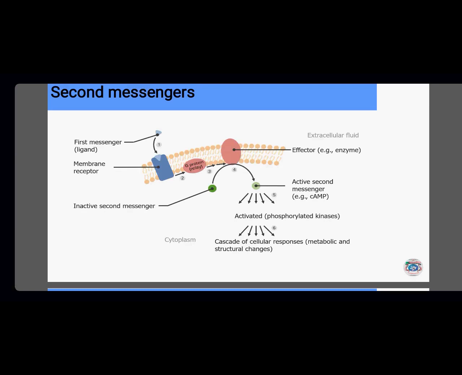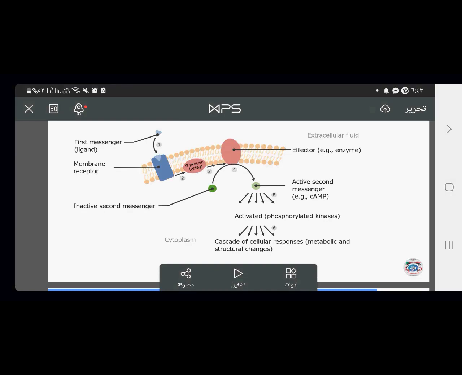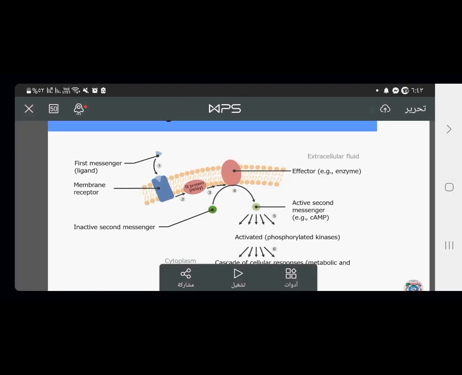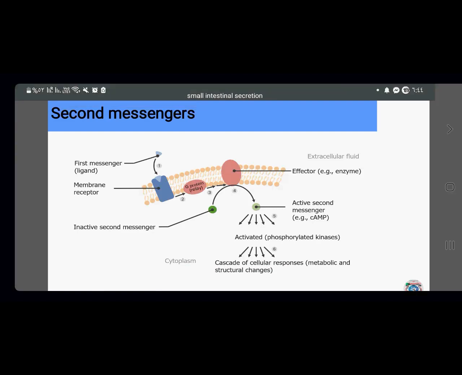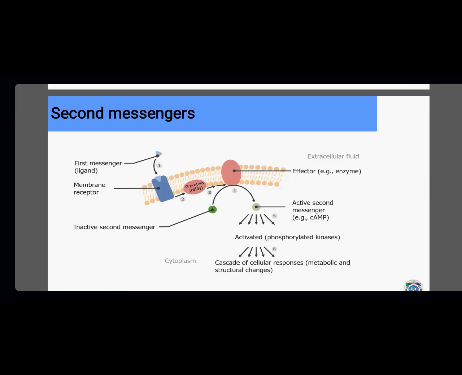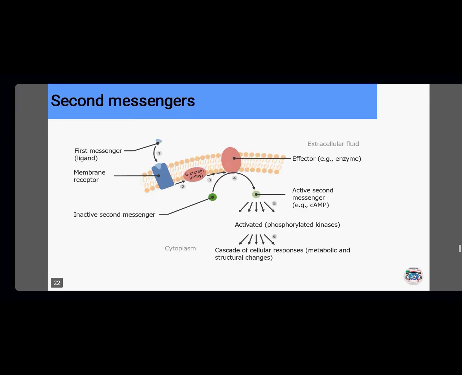This is adenylyl cyclase enzyme, as effector, which changes ATP to cyclic AMP, and cyclic AMP gives a physiologic action. Sometimes it's metabolic, and sometimes it's a structural change because it induces protein synthesis inside the cell.